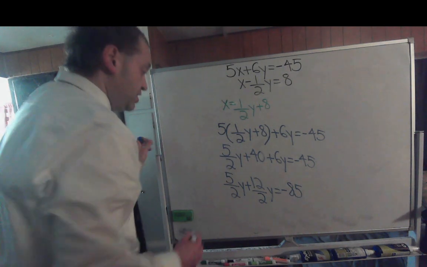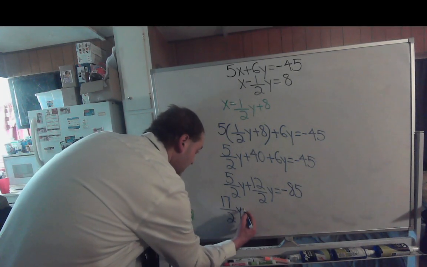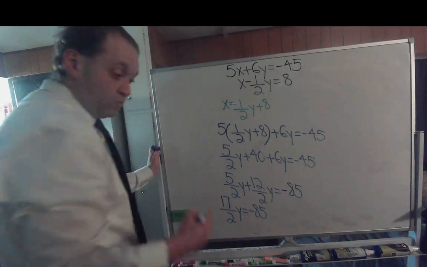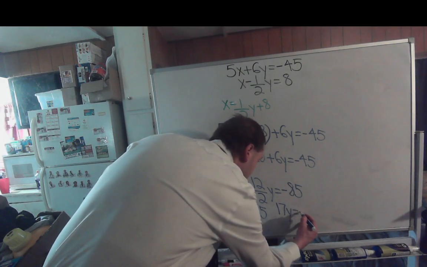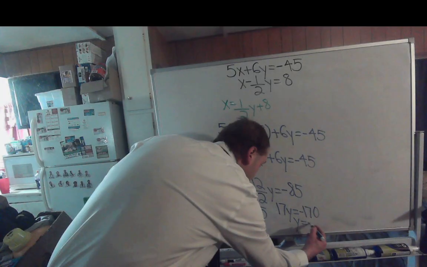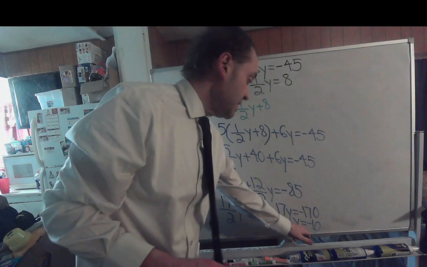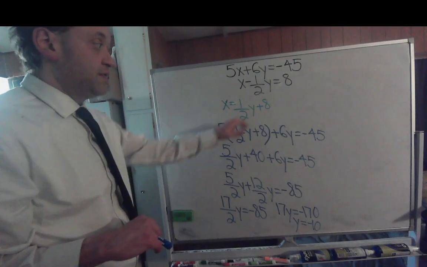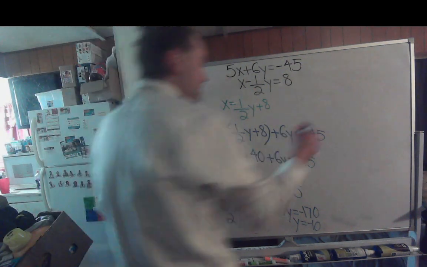Which would end up giving you 17/2 y equals negative 85, which therefore means that 17y would equal negative 170, which would give you a y value of negative 10. So y is equal to negative 10. We found the y coordinate for the solution. Now let's put in the negative 10 in our substitution equation for y. We'll be able to solve for x.